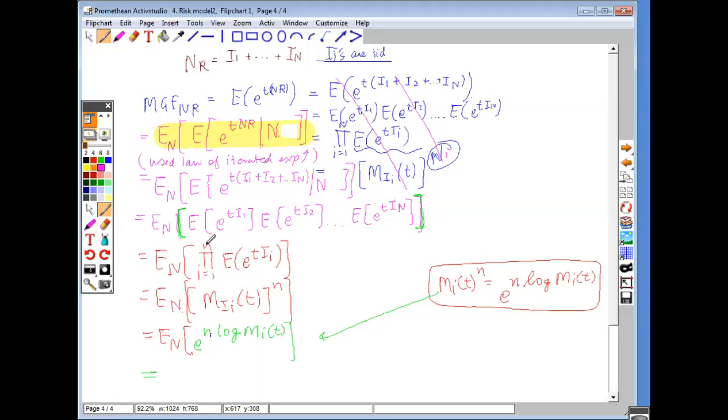And then here also I'm going to write it as capital N. Here also I'm going to write a capital N, and then here also I'll get one capital N, right? So again, reminding ourselves, we know the value that capital N takes, but still it is a random variable because we're taking expectation with respect to capital N, right? So what I get here is MGF of capital N at log of MIT.